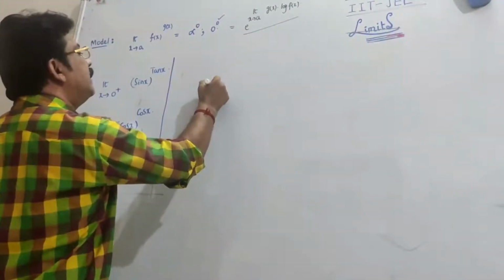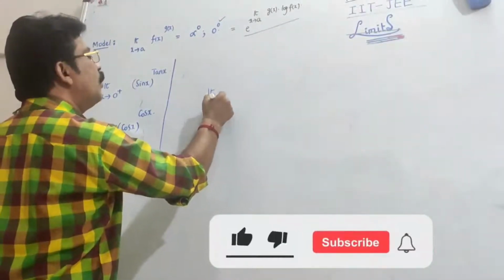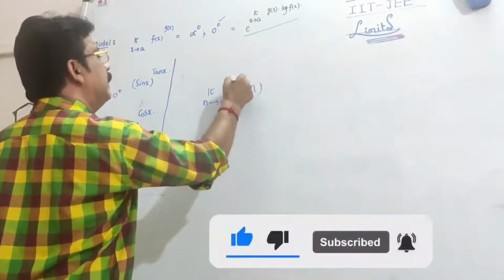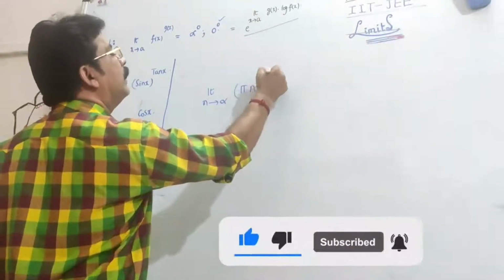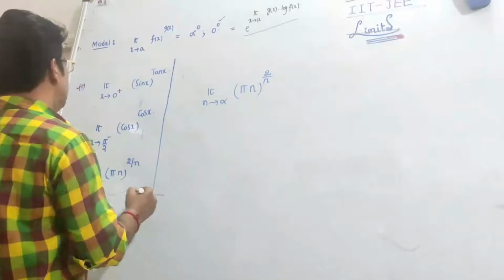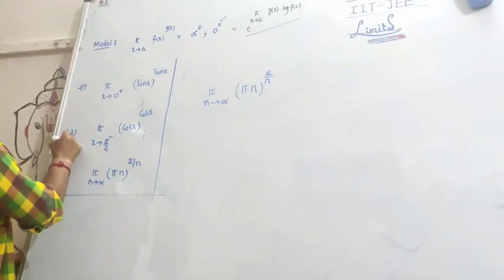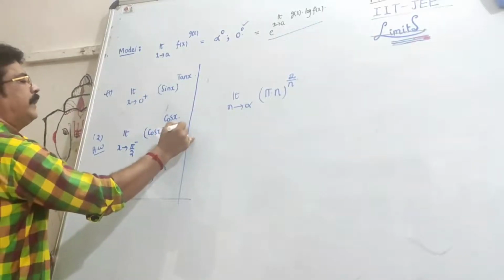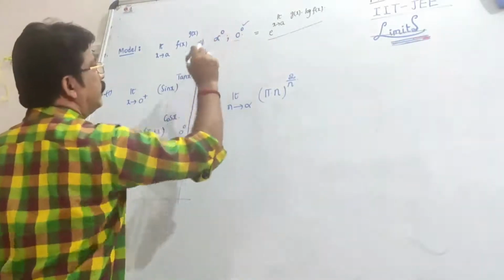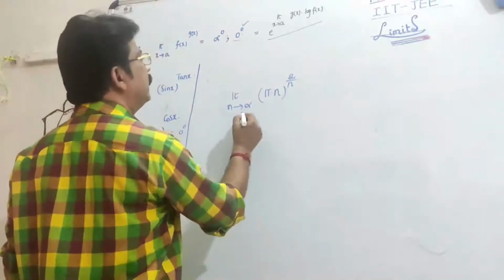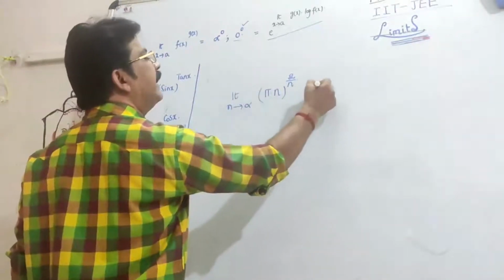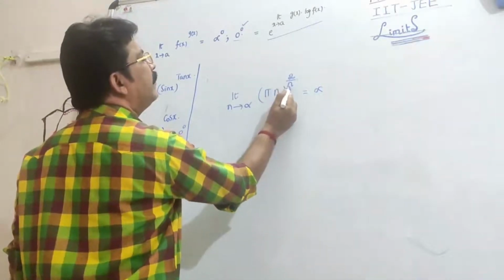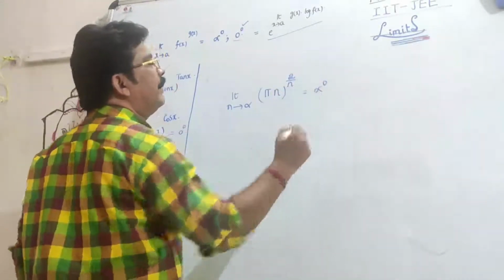Third question, limit n tends to infinity of pi into n whole to the power of 2 by n. Do the second question yourself, same model, because cos 90 is 0 power 0 type, this one is already over. Next, it is infinity, pi into infinity, 1 by infinity is 0, so infinity power 0 form.